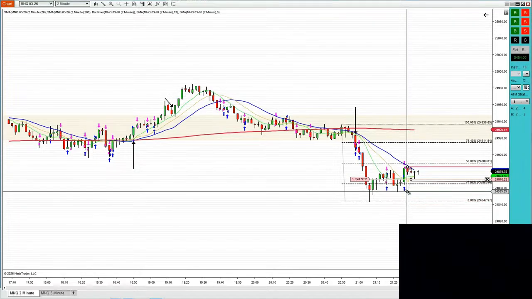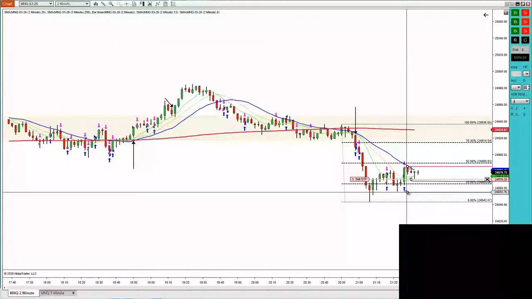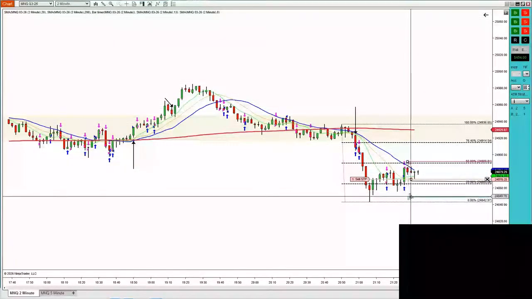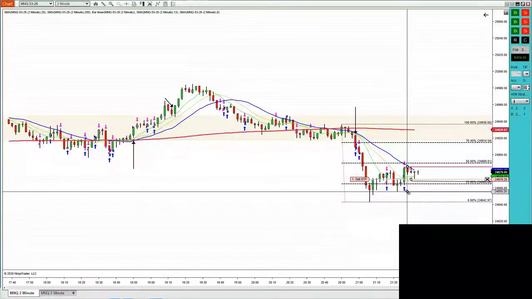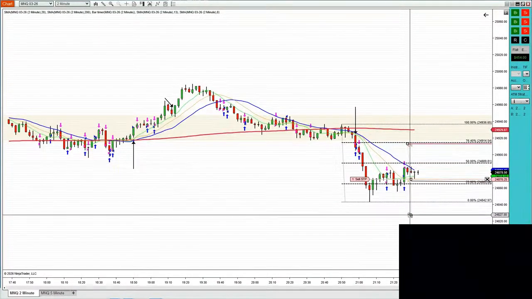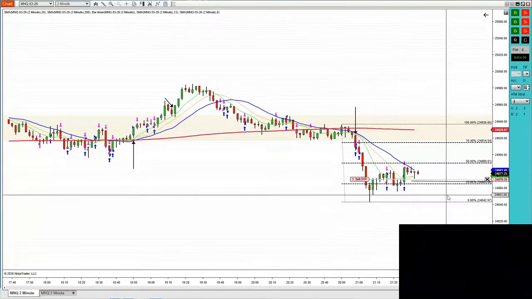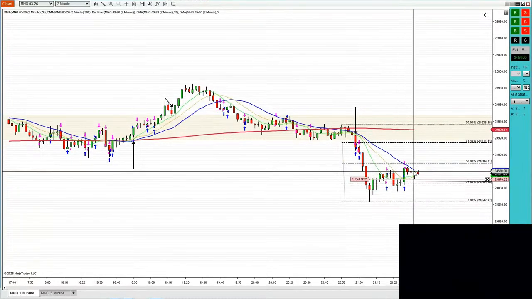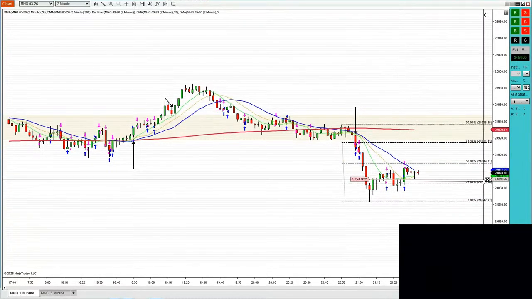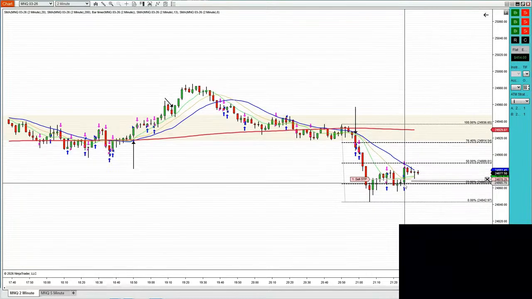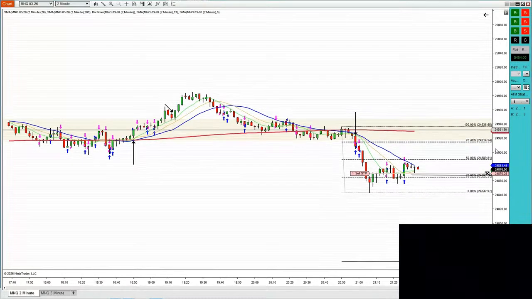And if we do follow through and take out that low there, I'll bring the stop loss to break even, just in case there's a failed follow through. The reason why I do like this is because we're hitting this, and then we're failing to push forward, push back short at this stage.